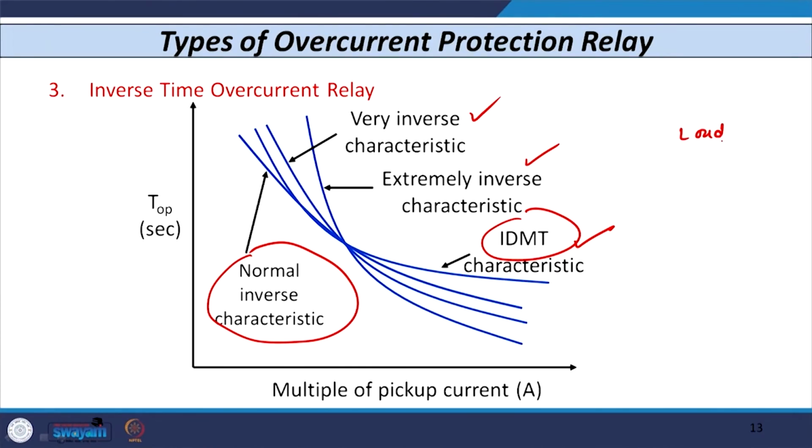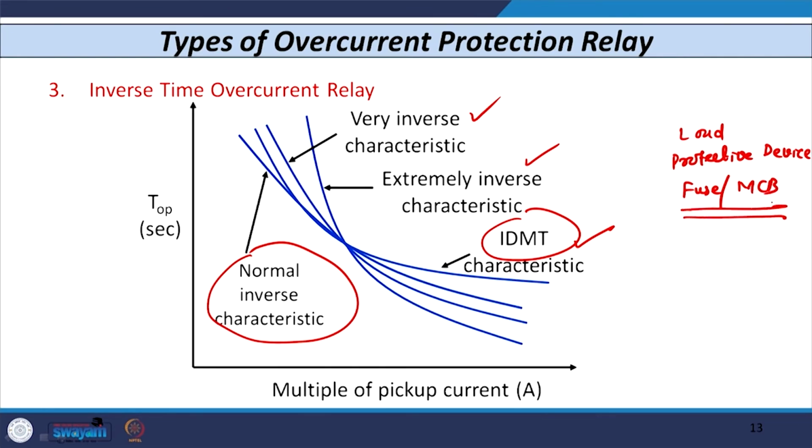The manufacturer provides different types of characteristic, because whenever we install such a relay, we have to coordinate it with the load side protective device. Normally the load side protective device is either a fuse or an MCB.